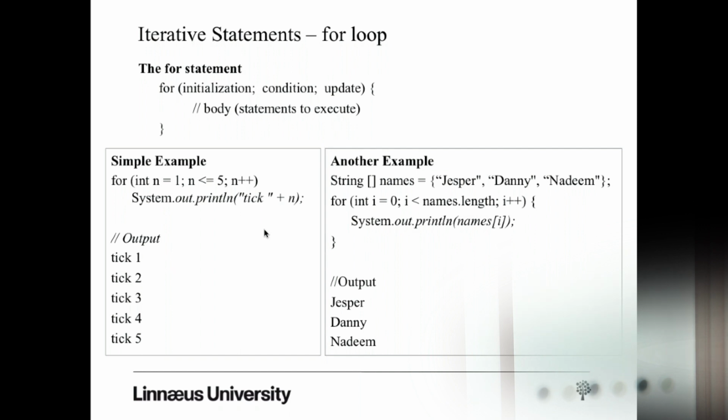If you want to do some operations before the body of the loop executes, you can do that in this initialization part. But it's not mandatory. You can leave it empty as well.